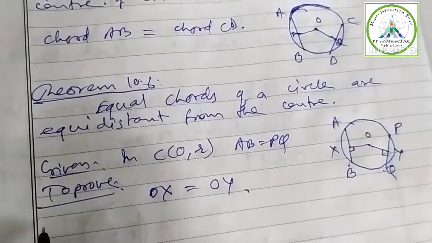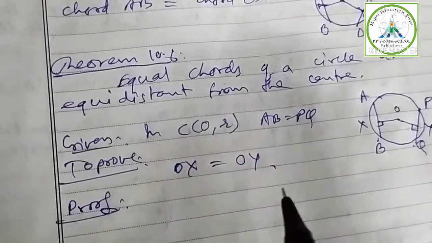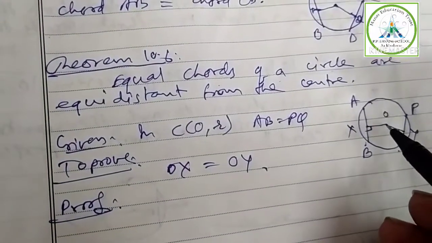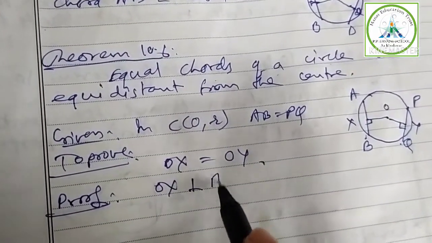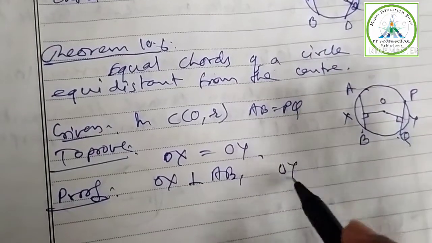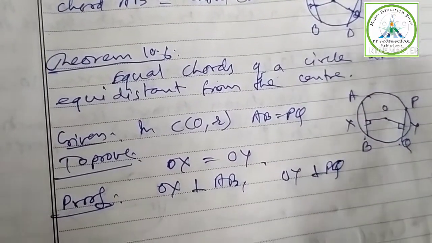That is to be proved. Okay, now the proof. Students, see now, OX perpendicular to AB, OY perpendicular to PQ. Okay, this is given to you.